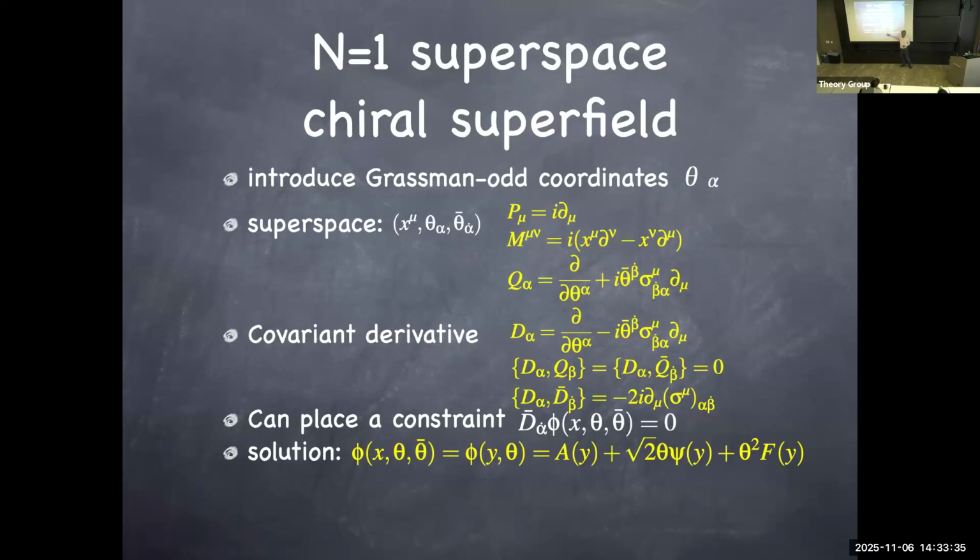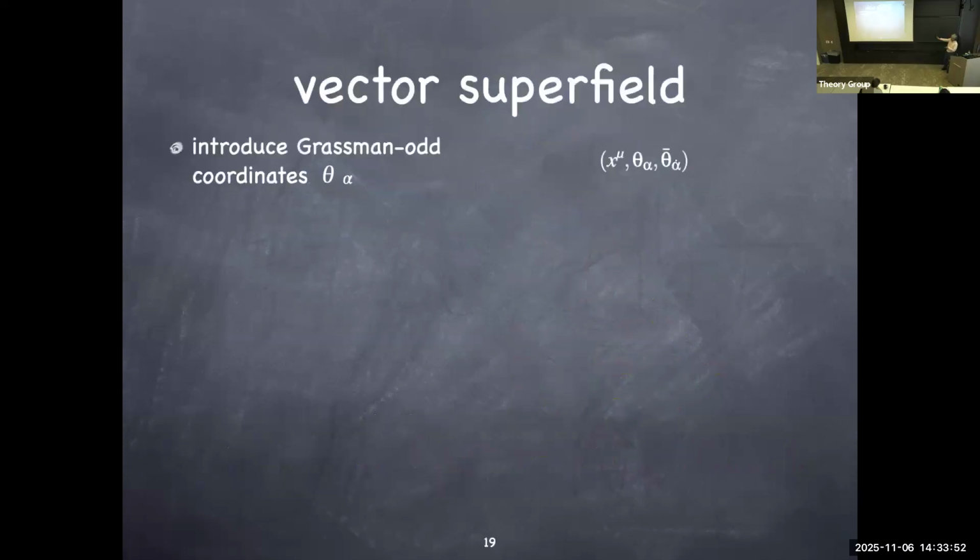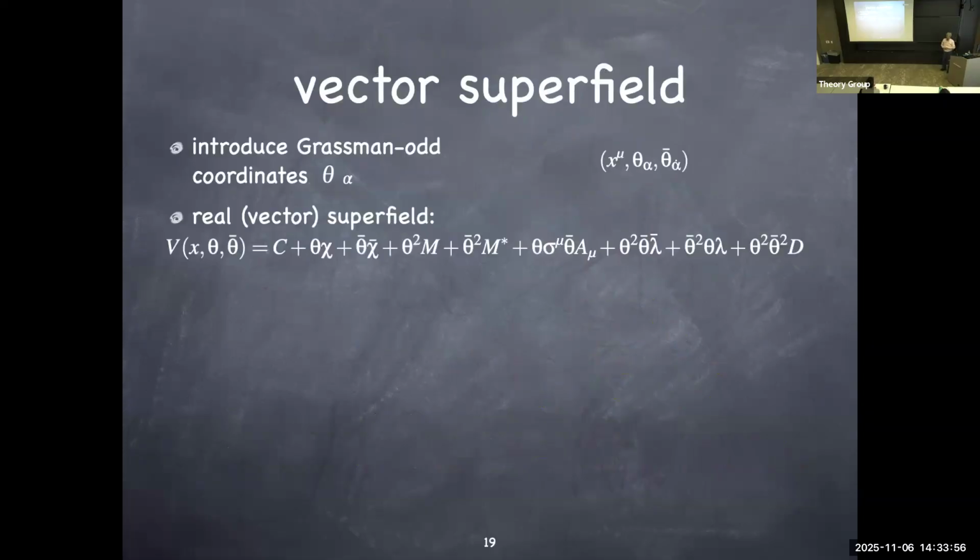Having a complex scalar field and a Weyl fermion is exactly the multiplet structure I talked about on the previous slide. So this superfield achieves the goal of writing down the theory with the multiplets I talked about based on supersymmetry. And this is just a little detail I'm going to skip. And I can also study how the gauge multiplets or vector multiplets can be written as a superfield.